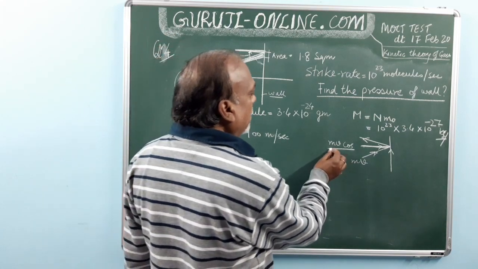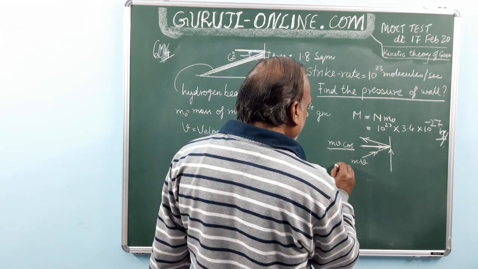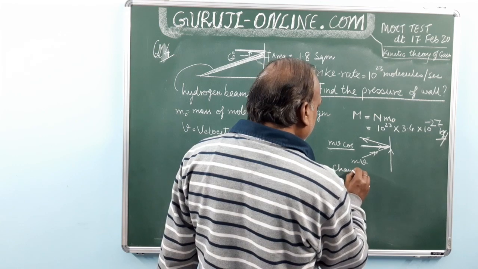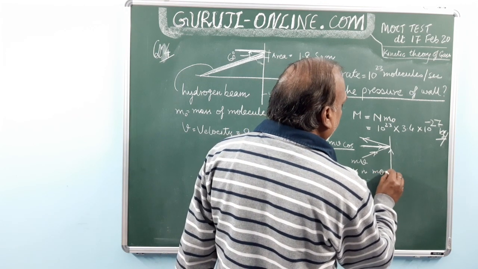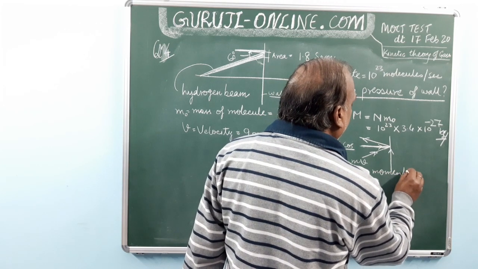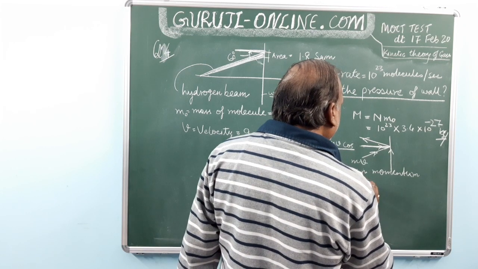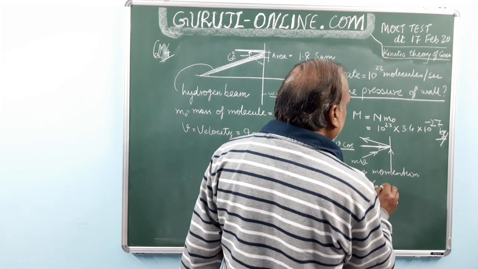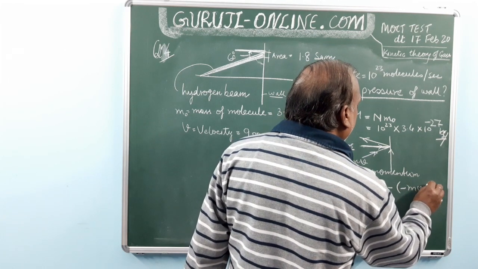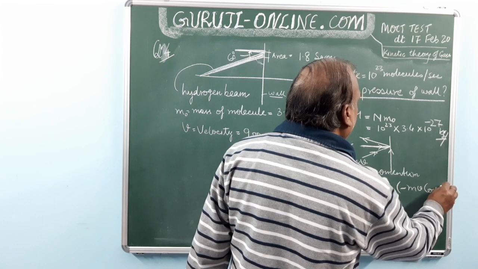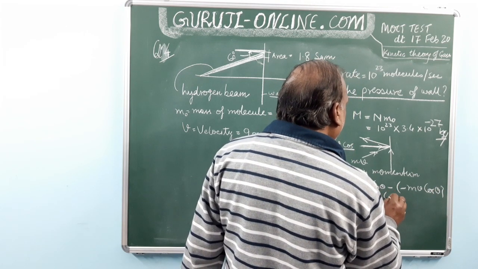This is going like this and coming back. So what is the change in momentum? It is nothing but mv cos theta minus (minus mv cos theta), that is 2mv cos theta.